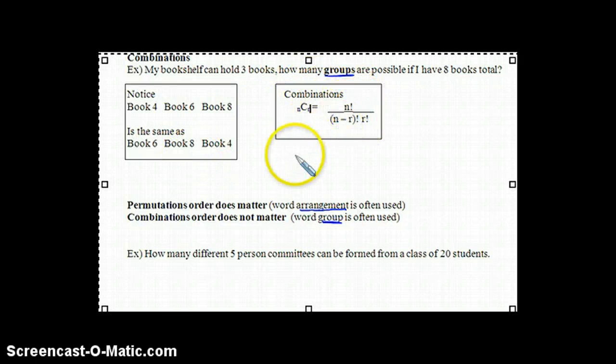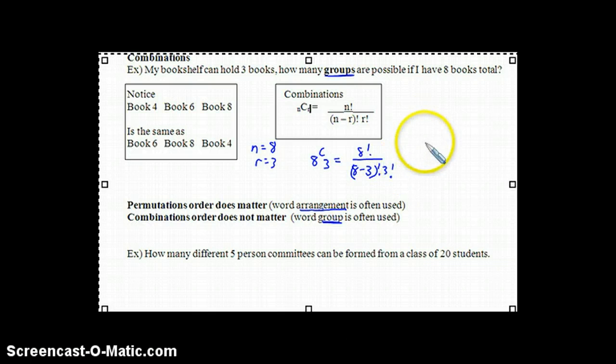You can use the formula or you can use the button on your calculator. This time your n, you have 8 books. You're only going to take 3 at a time. So it would be 8C3, which says 8 factorial over 8 minus 3 factorial times 3 factorial. So 8 times 7 times 6 times 5 factorial. I stopped at 5 factorial because I know that's going to give me a 5 factorial over 3 times 2 times 1.